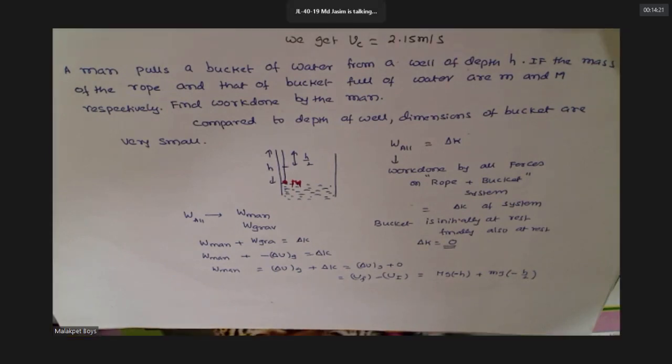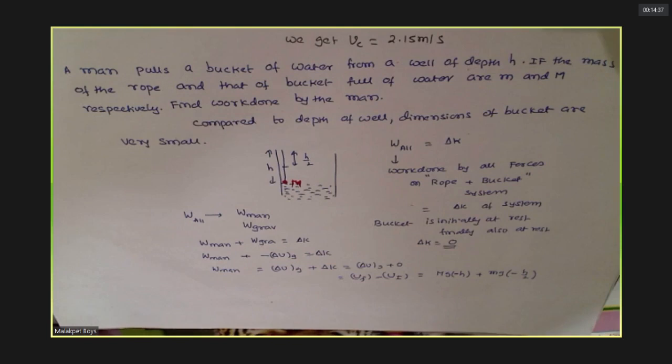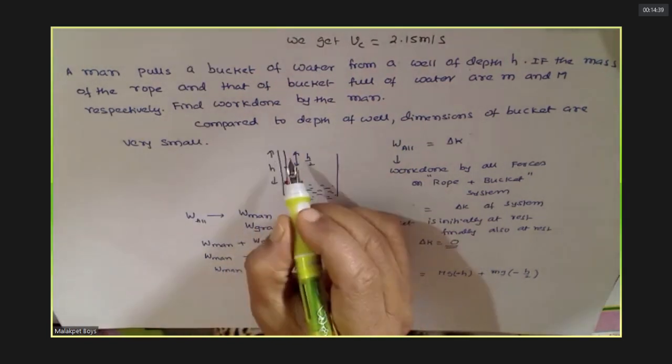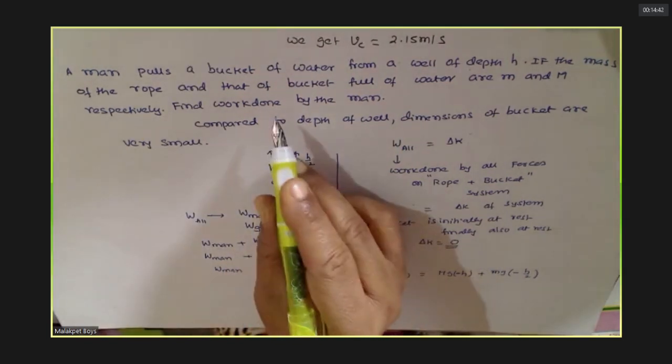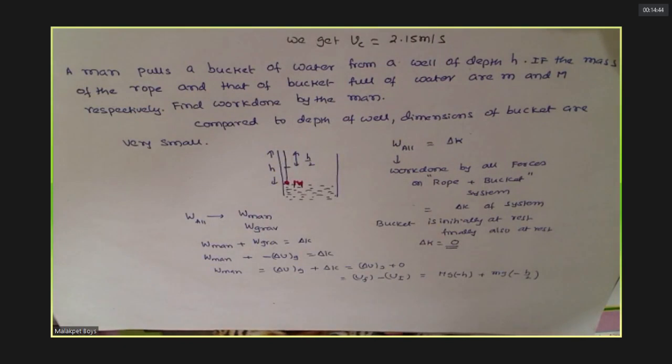Sir, did we take minus h because we are putting the bucket downward now, sir? No, no. Always we take, see, this is the origin. Downwards negative, upward positive. That is what we used to do. Remember this? Yes, sir.